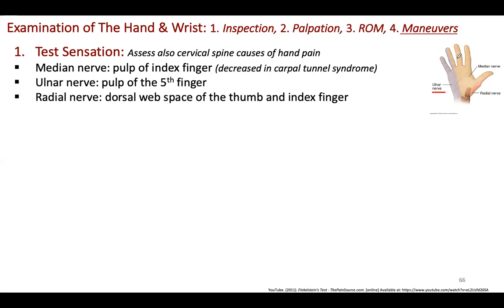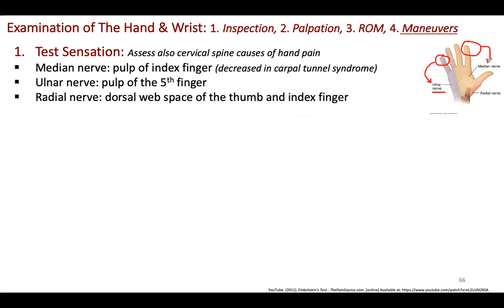So if you want to test the sensation in the pulp of one finger to tell you about the median nerve, it's going to be the index. And the little finger, and not the ring finger, is the finger that would tell you there is a problem in the ulnar nerve if you have impaired sensation.